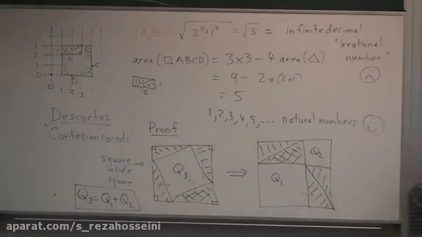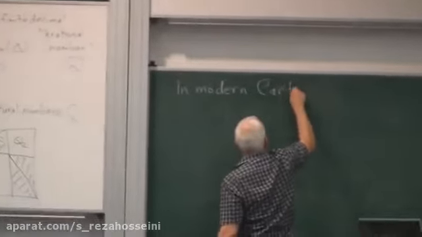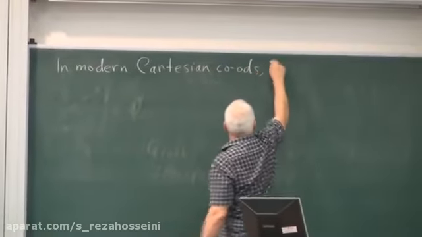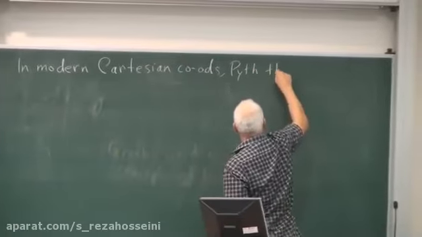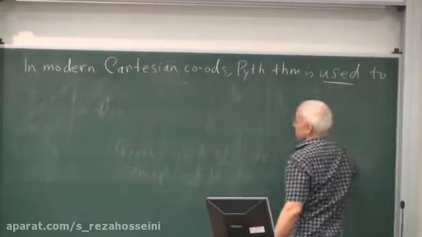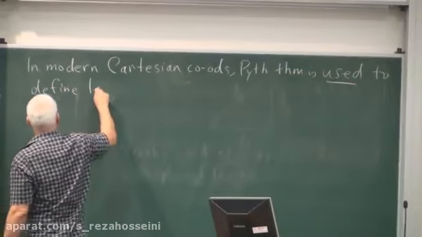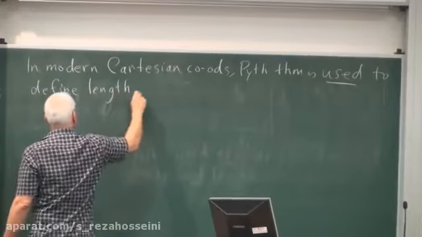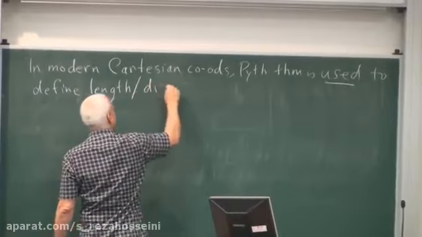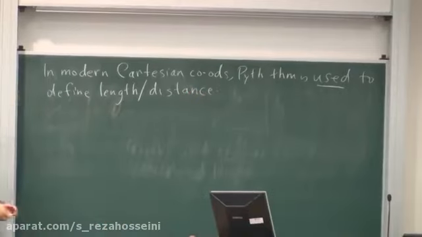So in modern Cartesian coordinates, Pythagoras' theorem is used to define length, or distance, same thing. And how does that go?